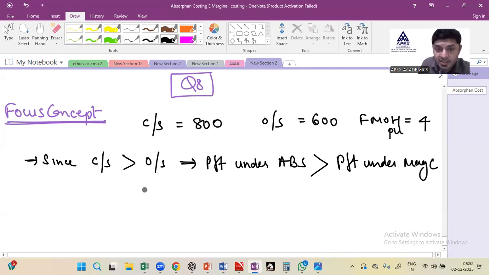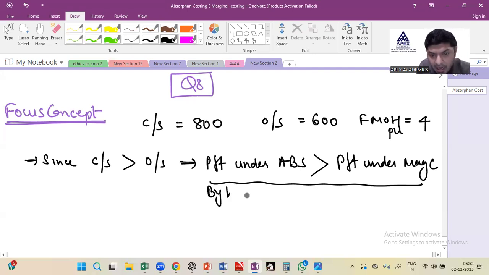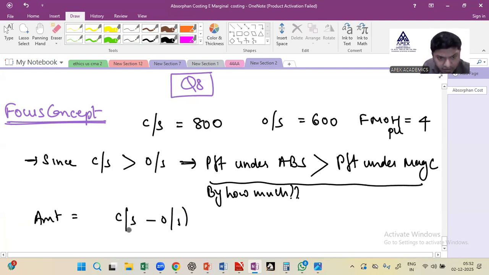Now the question is, by how much? The amount is equal to closing stock minus opening stock multiplied by fixed manufacturing overhead per unit.